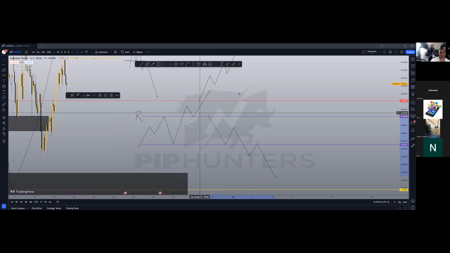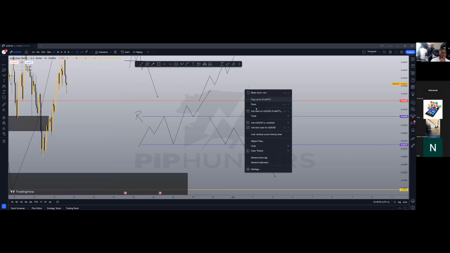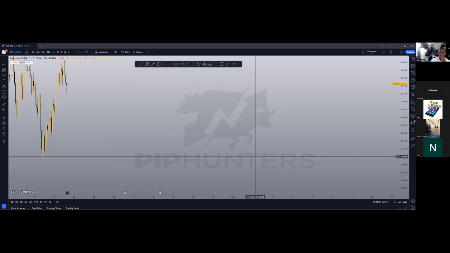Okay, so since you guys have the whole ideology of what support is and what resistance is, now better yet, explaining a double top pattern: price is moving on an uptrend, and then it finds a level of resistance.